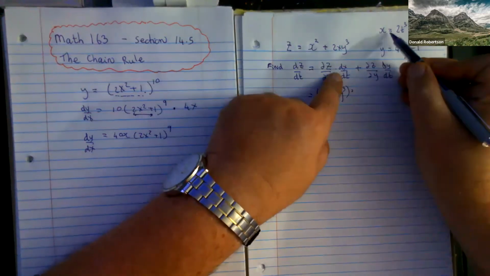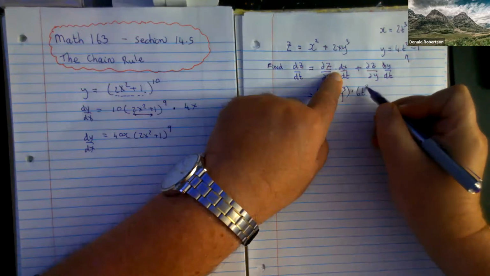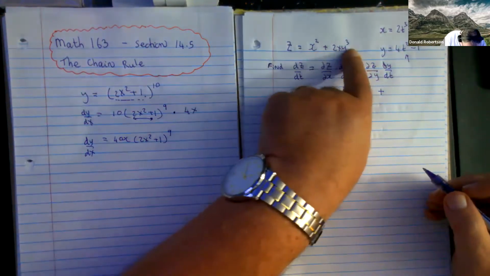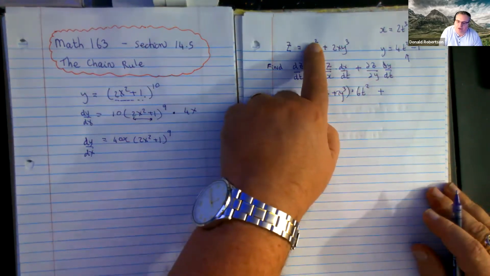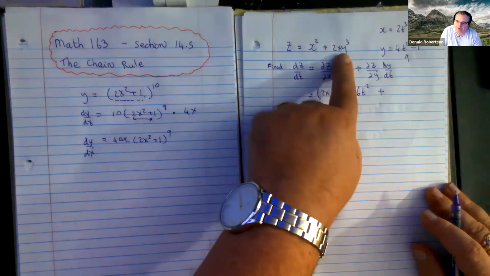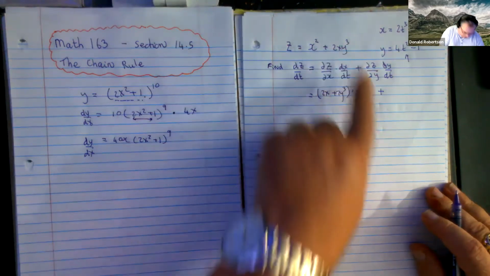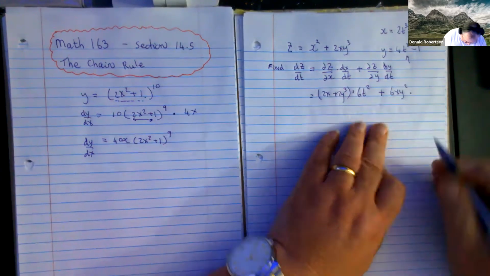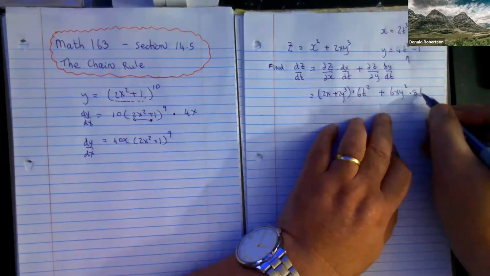Times, if you differentiate x, that's this guy, with respect to t, you get 6t squared. Plus, you differentiate this guy with respect to y. Well, partial derivative with respect to y gets you 0. Partial derivative of this gets you 3 times 2, 6 xy squared. Times the derivative of this guy with respect to t, which is 8t.